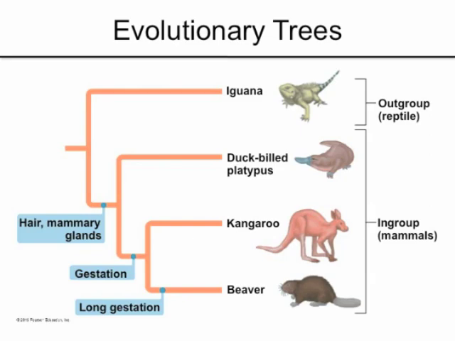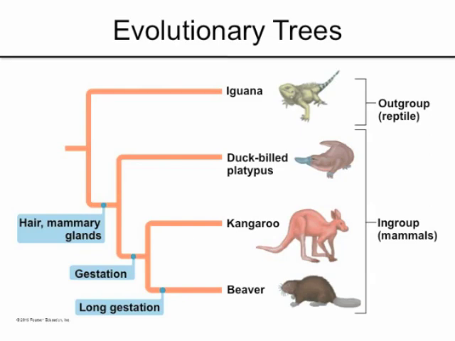So oftentimes when you have an evolutionary tree, you'll put something called an outgroup in here that will allow you to root your tree, because you know that iguanas share fewer characteristics and have a more distant common ancestor to all of the mammals. So the first split in the mammal group is between the duck-billed platypus and kangaroos and beavers. So kangaroos and beavers share more characteristics. They've had a more recent common ancestor than the duck-billed platypus.